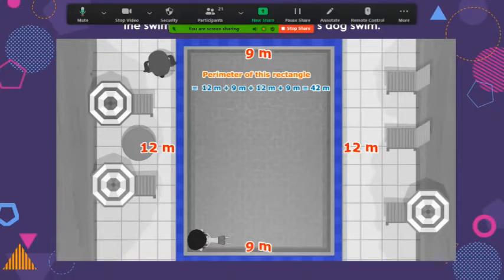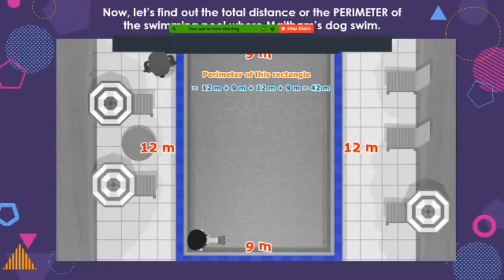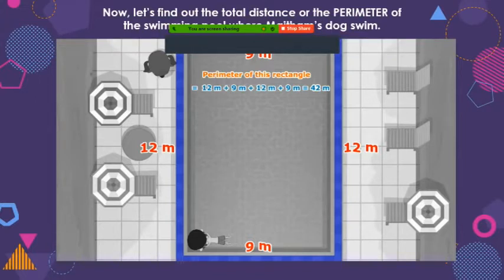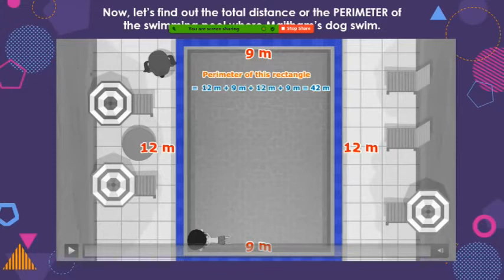So he used addition, he added all the sides to find out the perimeter. So here we have 12 meters, 9 meters, 12 meters, and 9 meters. If you add them up, the total will be 42 meters. So the perimeter of the swimming pool is 42 meters.